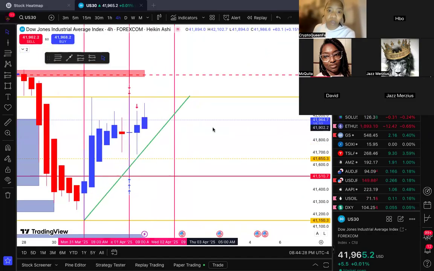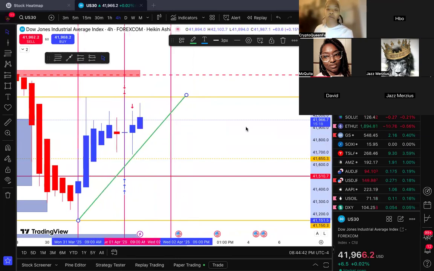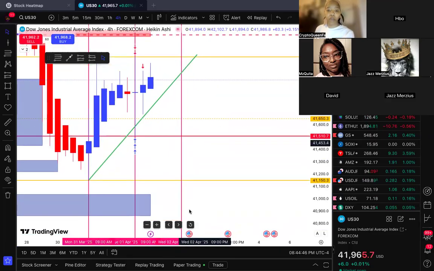And the US 30, I'm looking for a buy. I'll have to look for an entry because it's got to pull back, so look for an entry more towards the trend line when it pulls back. It'll be right after 9 o'clock.